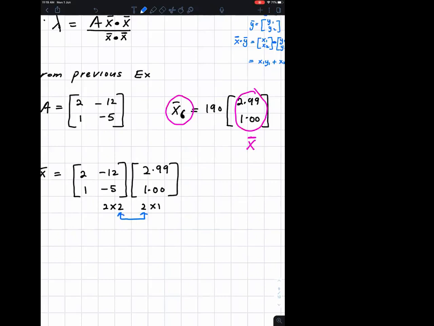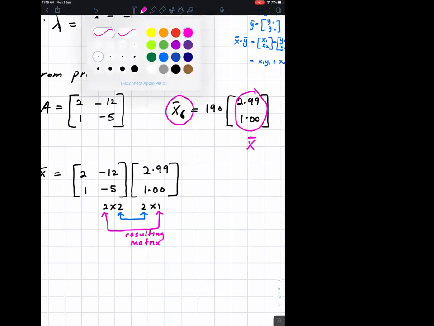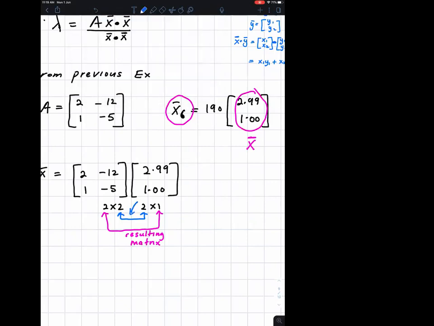The resulting matrix will have this dimension. This is checking compatibility, whether you can perform this operation.